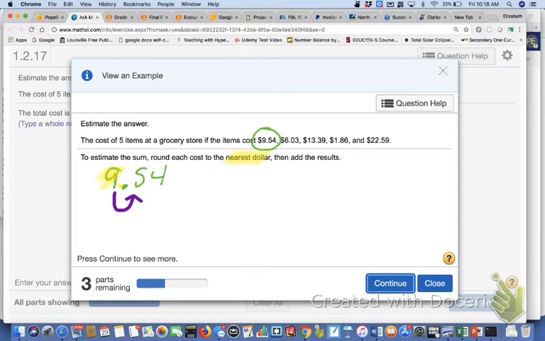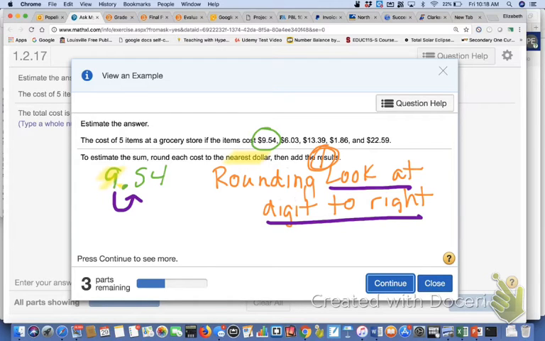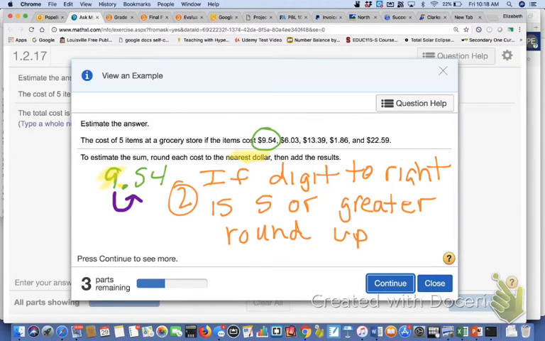And the rule for rounding is this. Step 1, look at the digit to the right. That's why I drew my arrow to the right. The digit to the right of the 9 is that 5. Then in step 2, if the digit to the right, the 5 in this case, is 5 or greater, you round up.